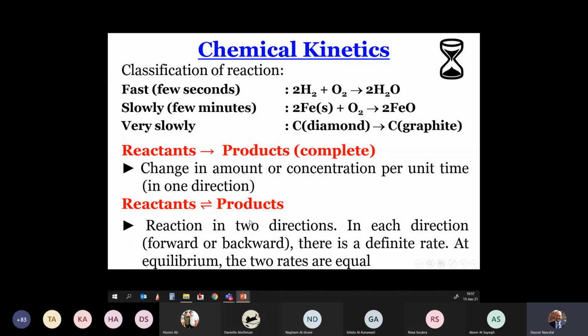For this reason, we define what we call the equilibrium constant, which is equal to the products divided by the reactants according to the stoichiometry. We use the term constant since, in the solution, for example, the concentrations of the reactants and those of the products are constant at equilibrium.